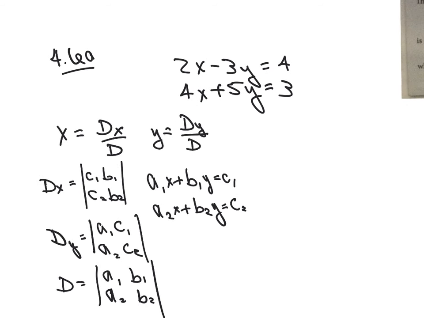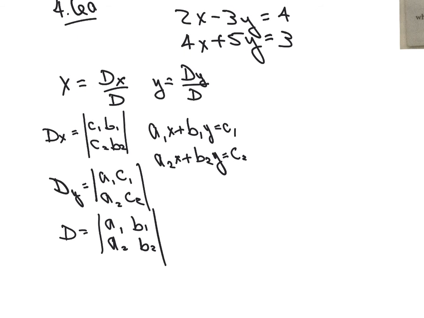Okay, so what we're doing then is, in order to get this Dx here so we can find x, we do this matrix. We start plugging in. So the C1 goes there, the B1 goes there, the C2 goes there, and the B2. Okay, we don't even do anything with A's with our Dx. We'll wait for our A's until we go to the y.